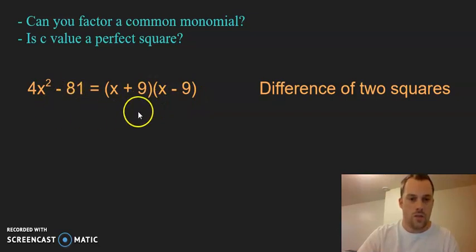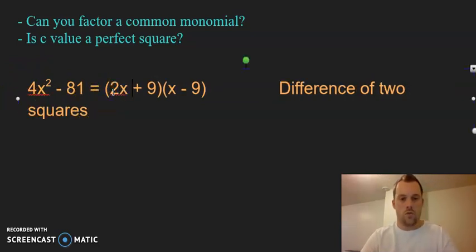There's still no b value because the 9x is going to cancel with the negative 9x. Now we're trying to think of, well, x times x gave us x squared, so what could these two values be? They're the same, and when we multiply them by each other, we get 4x squared. Well, 4 is also a perfect square, just like 81 is, and the square root of 4 is 2.